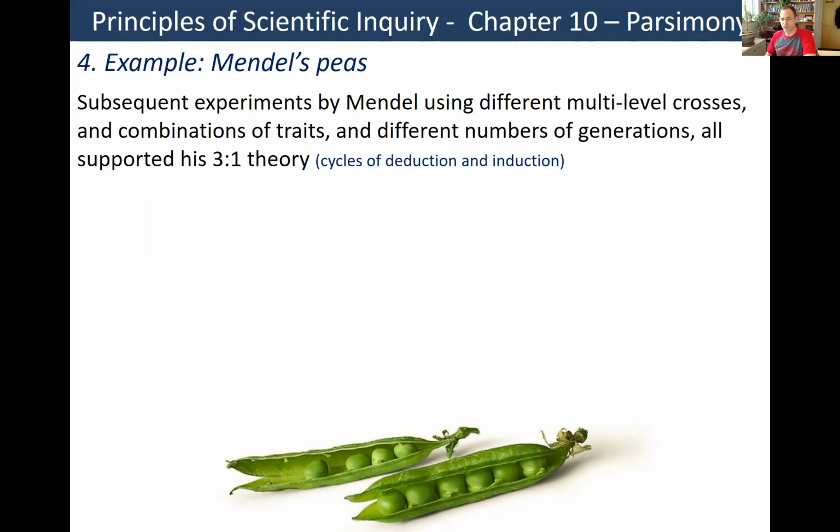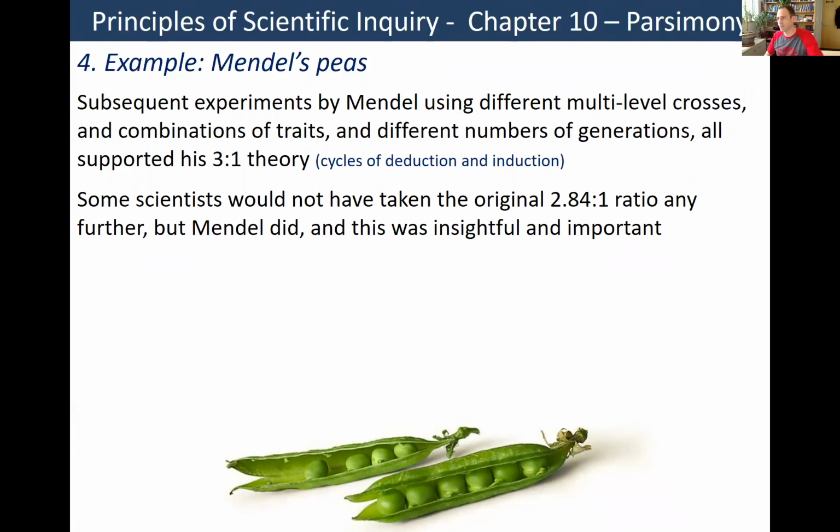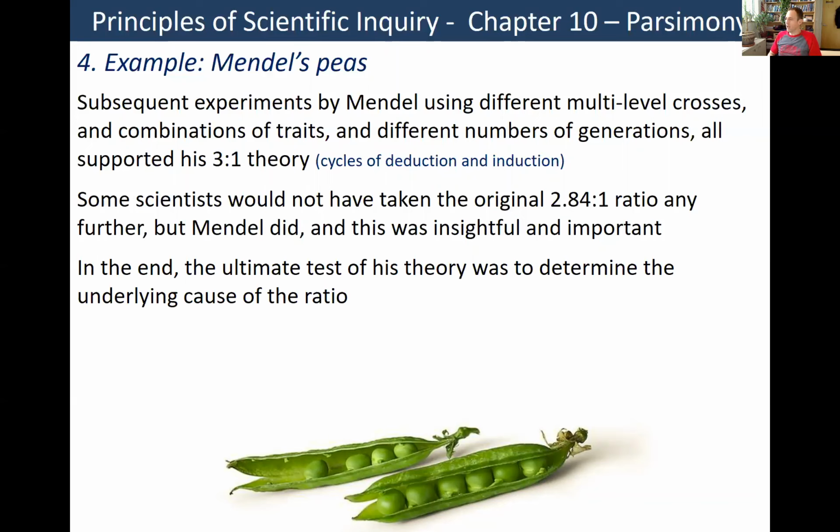That's that process of deduction. From his theory, he made predictions, and those predictions bore out, and that gives him greater confidence in his 3 to 1 theory. So some scientists would not have taken that original 2.84 to 1 ratio any further, or 2.98 ratio if you go for the average, but Mendel did, and that was important, right? In doing so, he took the science a lot farther.